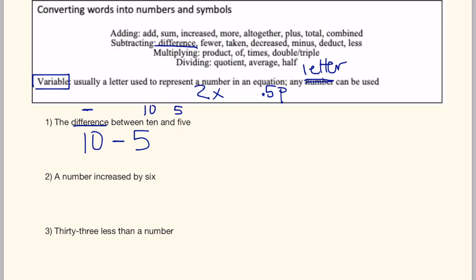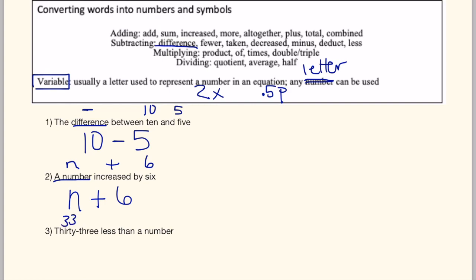A number, so again, this can be any variable. We can use any letter. I'm going to use n just because it's easier to remember a number is n. You can use x, you can use p, you can use w. It doesn't matter what letter you use to represent this variable in these types of equations. Increase, so we're adding by 6. So n plus 6.